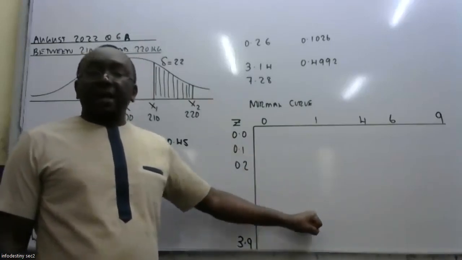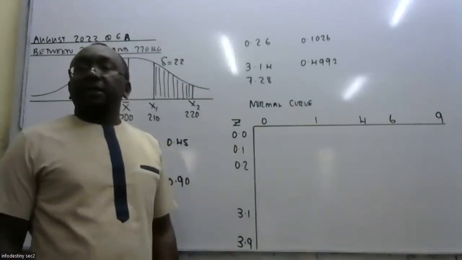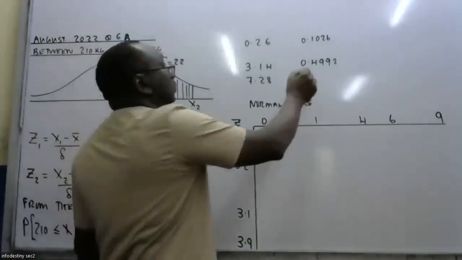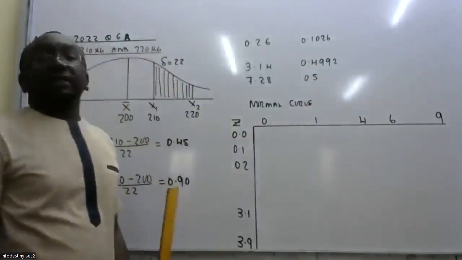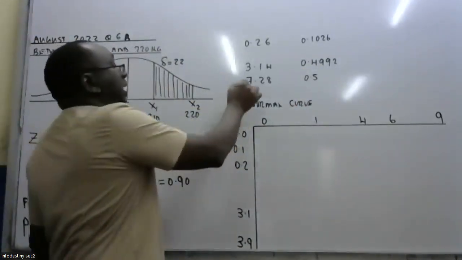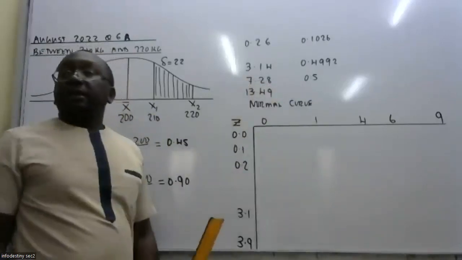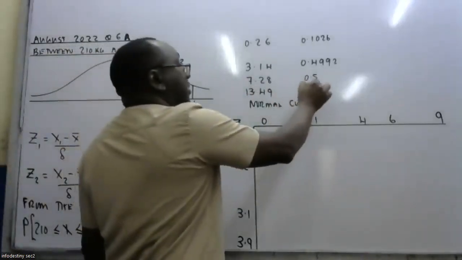So the highest value in this table is what? 3.99. So what is there? It is 0.5. So similarly, if I tell you to read for me 13.49, it will also be 0.5.